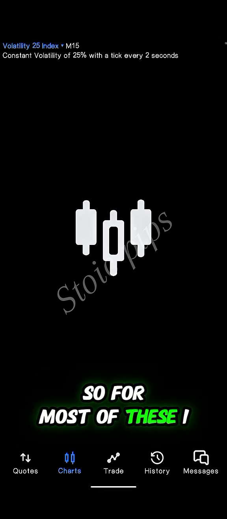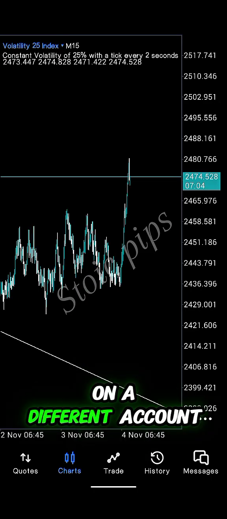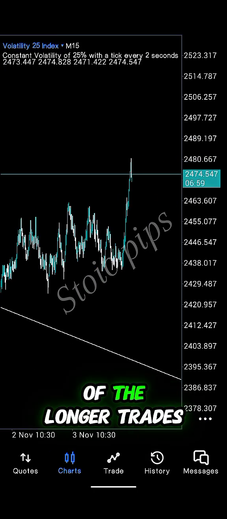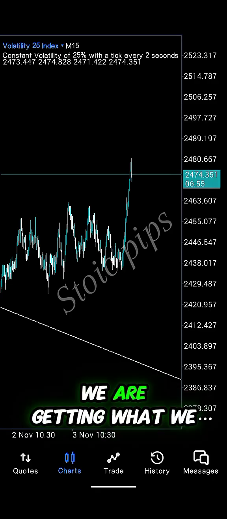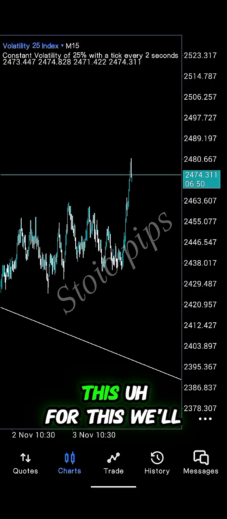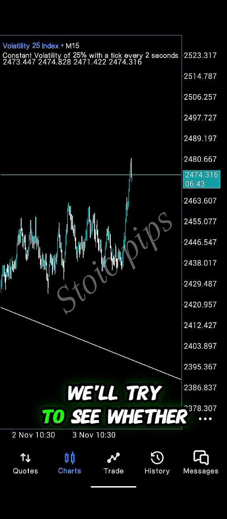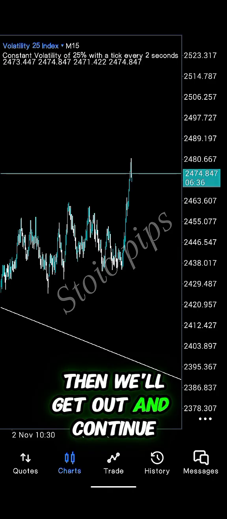For most of these, I have traded twice, maybe on a different account. So this is just for the challenge, while for some of the longer trades, we are getting what we can get, then we get out of the trade. For example, for this we'll just be taking our count to 100, then from 100 we'll try to see whether we can get it to at least 200 or 300, then we'll get out and continue.